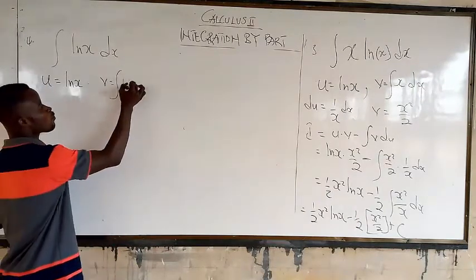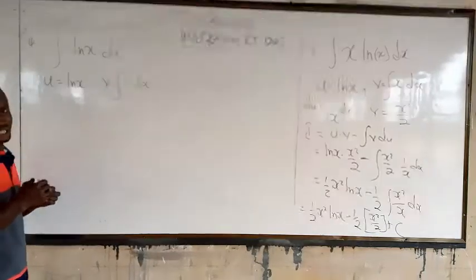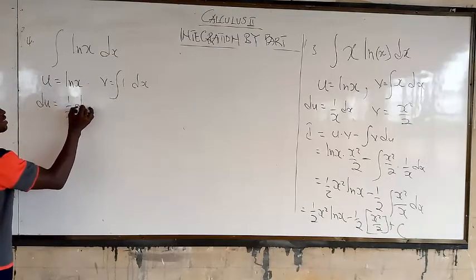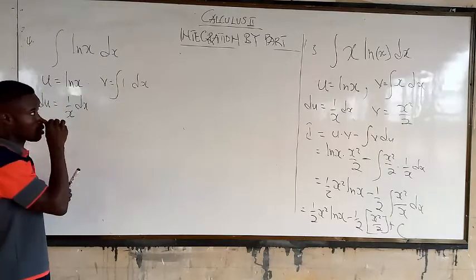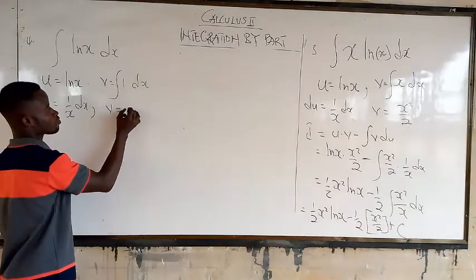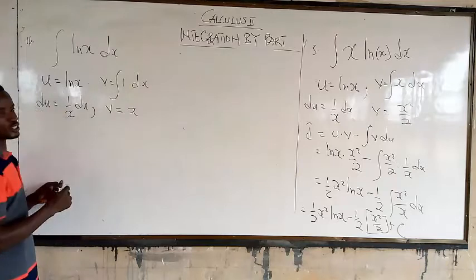It will be left with 1 ds, because the coefficient here is 1. And the u here is going to give us 1 over s ds. I hope you can see that. And this one too, when you differentiate, you get x.